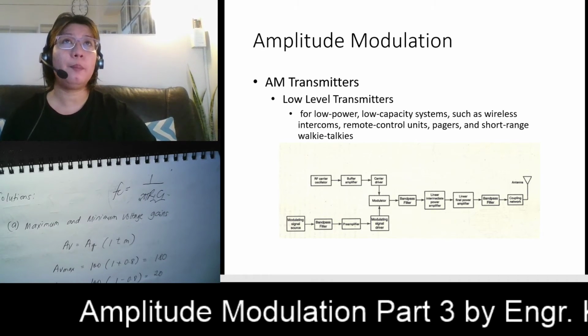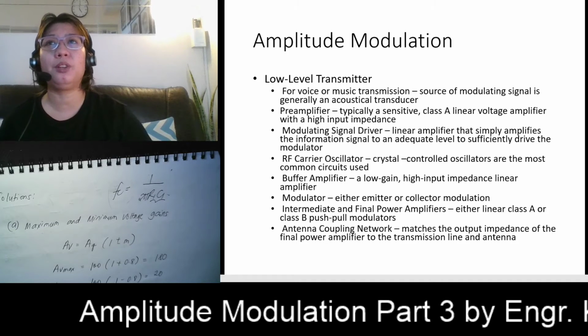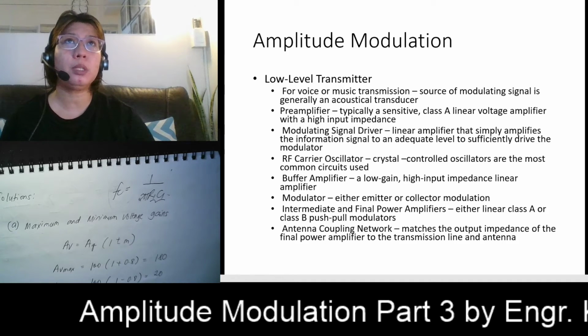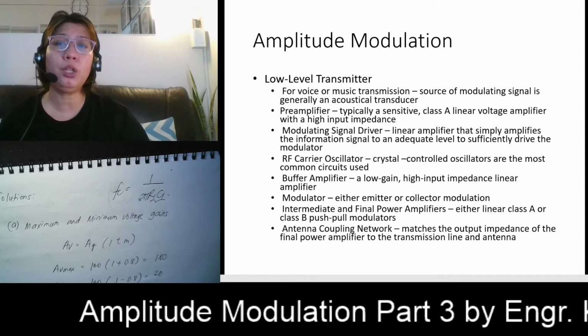For a low-level transmitter used for voice or music transmission, the source of your modulating signal is generally an acoustical transducer. A transducer is a device which changes one form of energy into another.